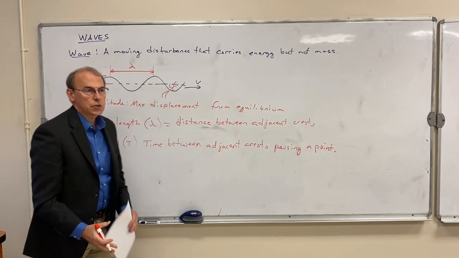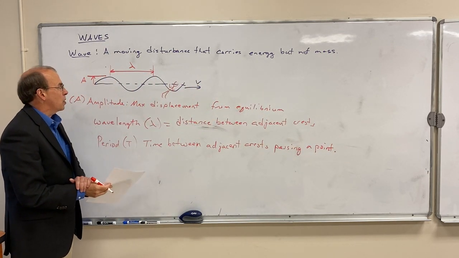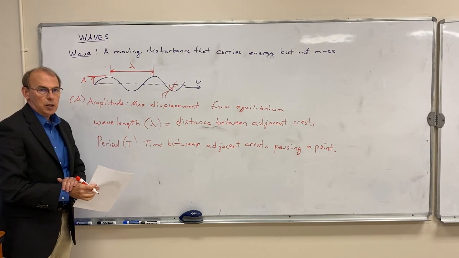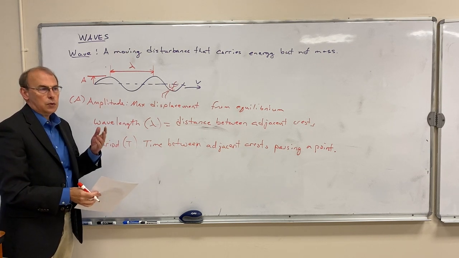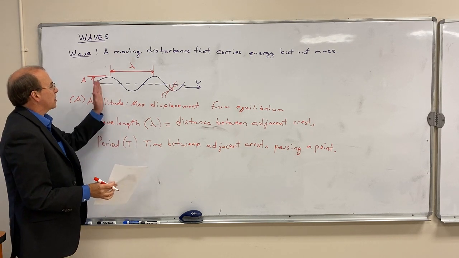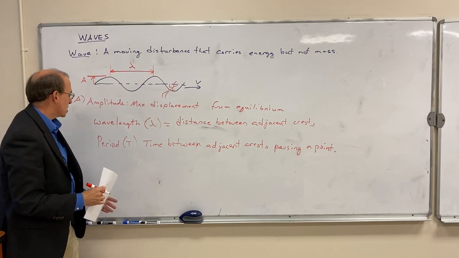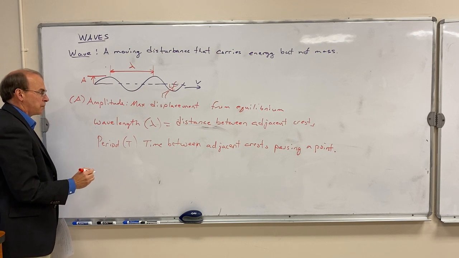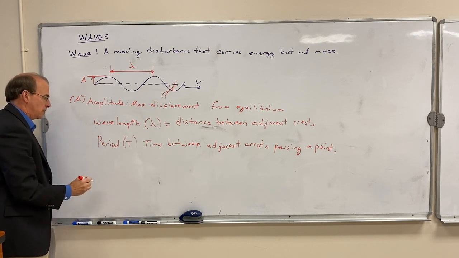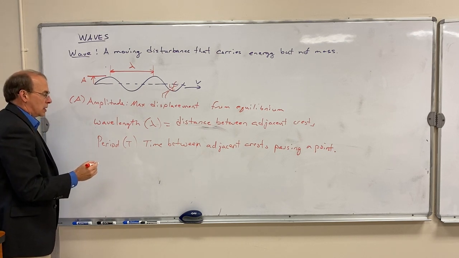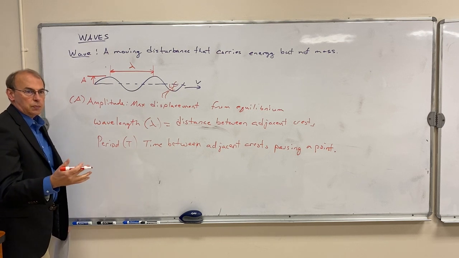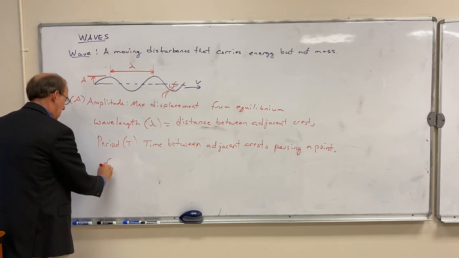Notice that's similar to the definition of a period of simple harmonic motion. Period of simple harmonic motion was the time for a complete oscillation. Now we're talking about the time between crests passing a given point. That's the period of a wave, has units of seconds. The number of crests passing per second is the frequency.